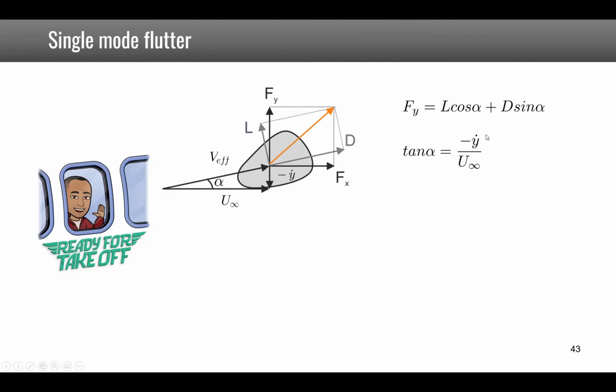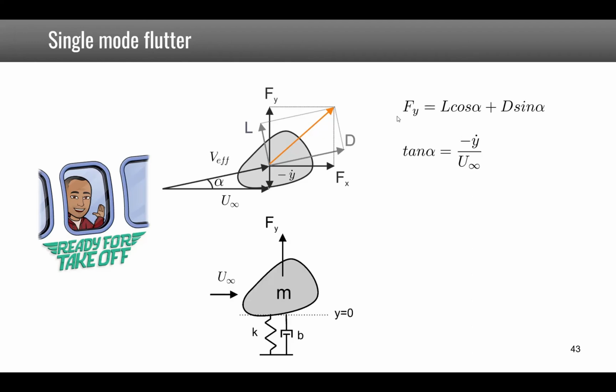So it depends on the motion of the body, and so the total force will also depend on the motion of the body. If this body is attached to the ground by a spring and a damper, then the equations of motion are the following, where I remind you that alpha is a function of the velocity.